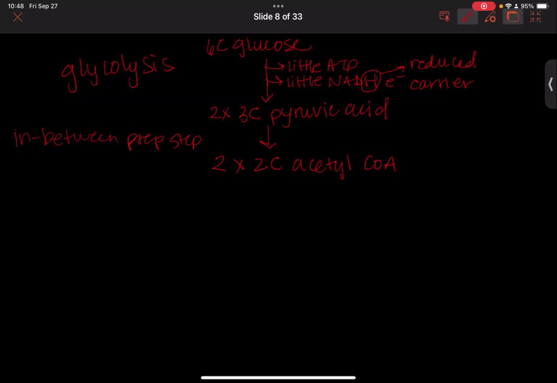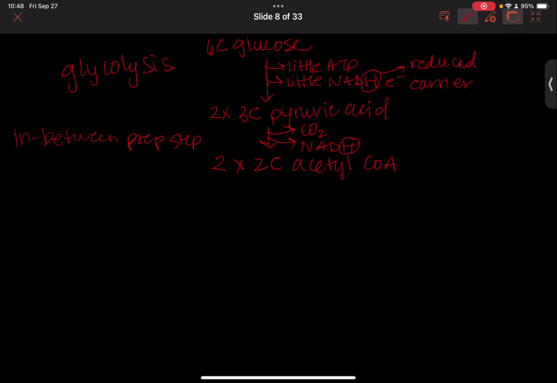When we do that, we notice that we've given off a carbon for each pyruvic acid. That comes off in the form of CO2. That's the first CO2 you're going to give off. And you're also going to make, in this process, NADH. Again, here's another electron, so it's carrying an electron. That's for each pyruvic acid.